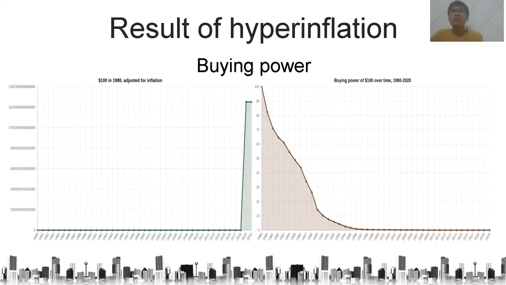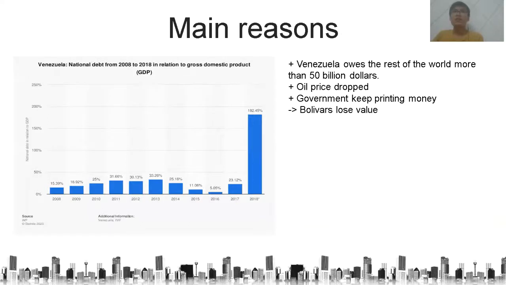The world trade market is affected a lot because the Venezuelan government always keeps printing money, which causes the hyperinflation situation. Now let's talk about the main reason why Venezuela has such a high inflation rate.